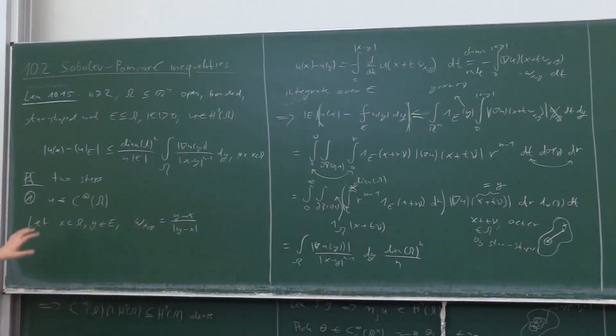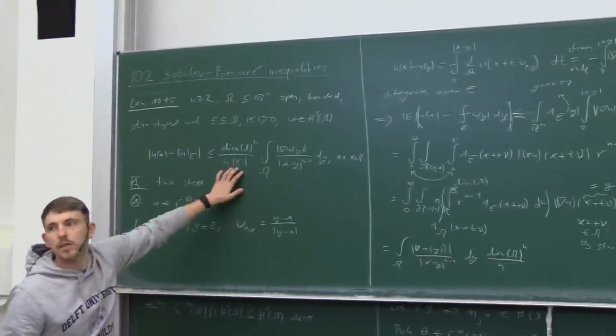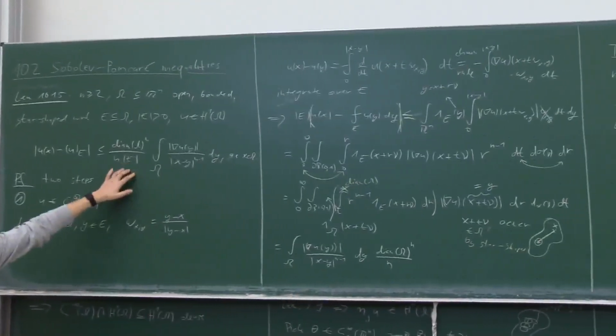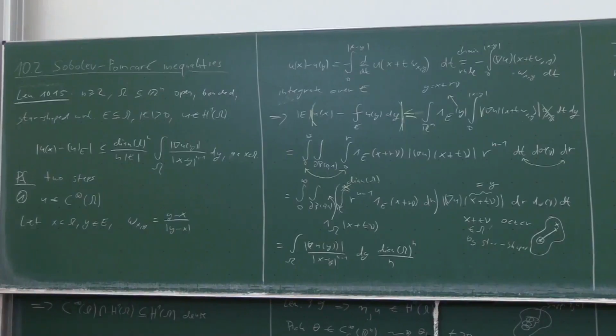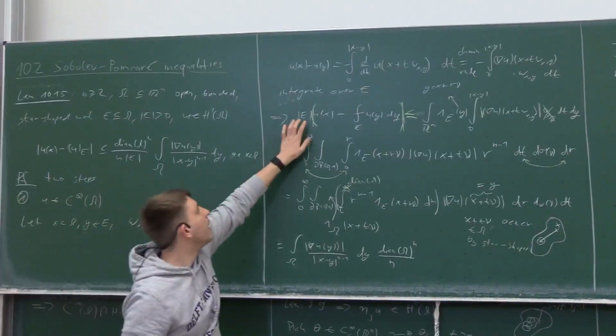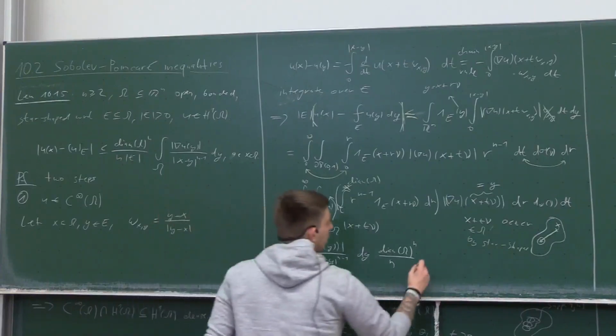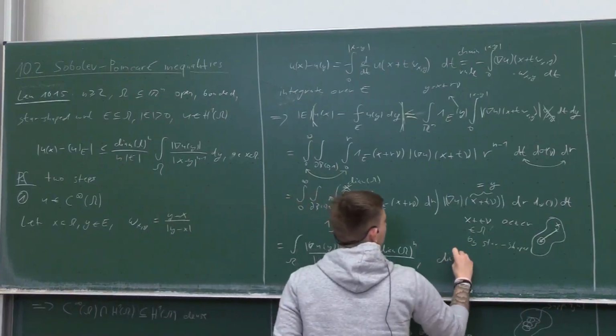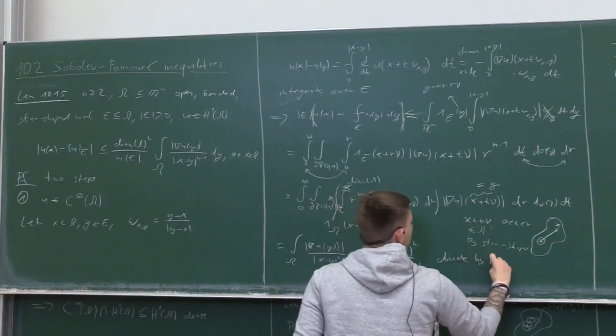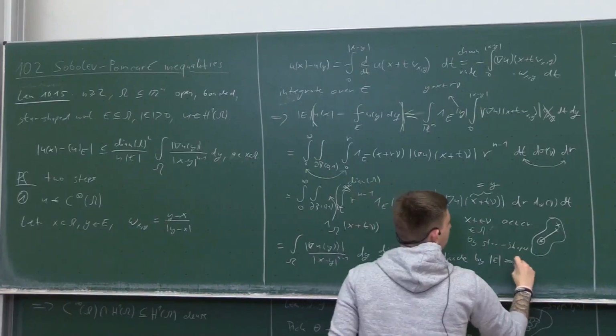Okay, this is almost what I claimed here, except that this normalization by measure of E is missing. But this is okay because I had here a measure of E on the left hand side. So if I divide by measure of E, that gives the claim.